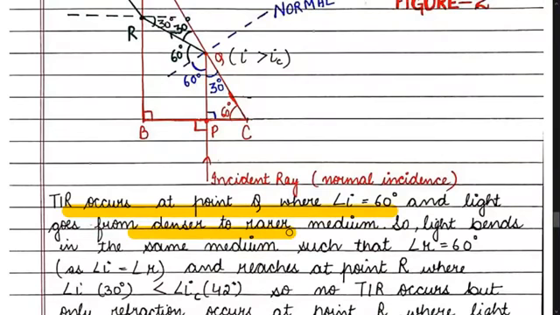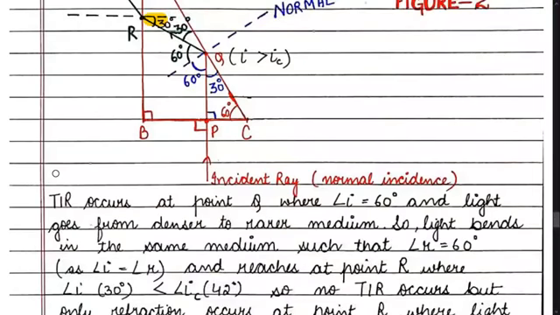The light bends in the same medium such that the angle of reflection is 60 degree, as angle of incidence is equal to angle of reflection, and the light reaches point R, where the angle of incidence now is 30 degree, which is less than the critical angle, that is 42 degree.